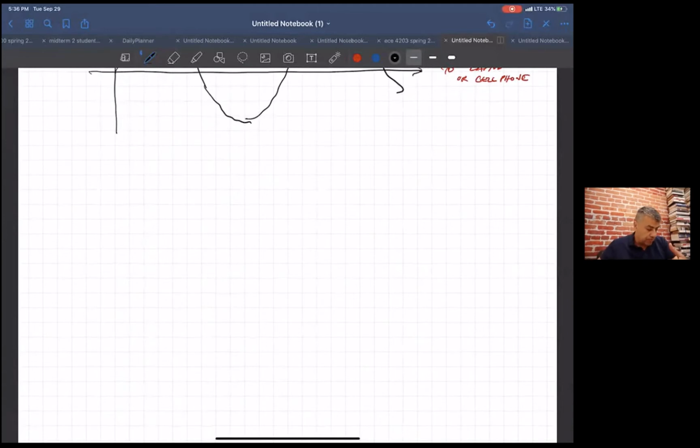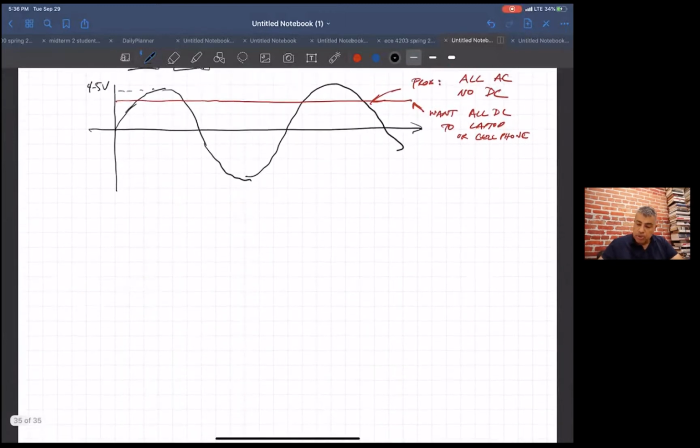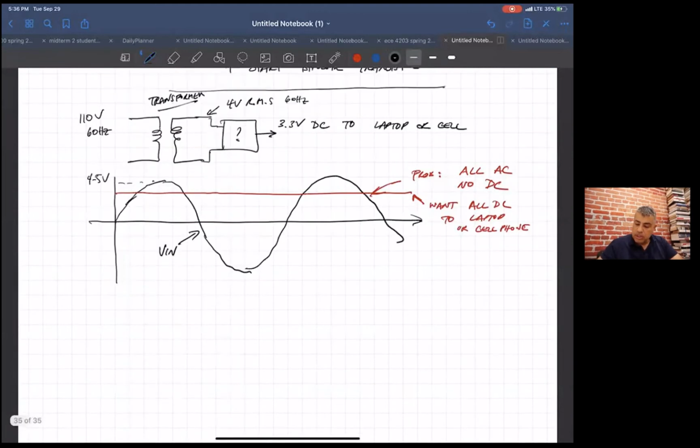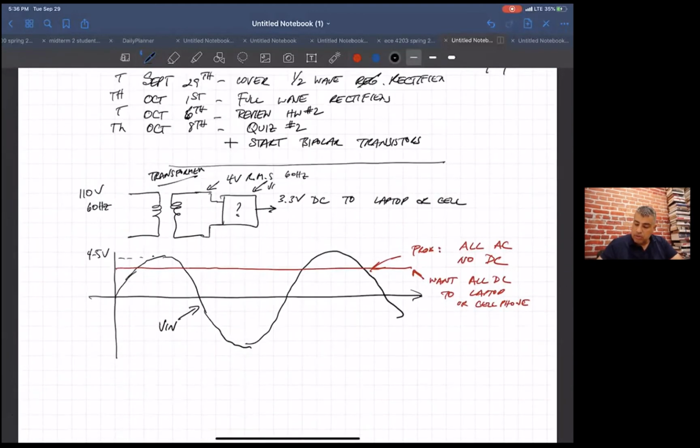So what we said last time was, this is our input. I'll call this V line. Let's call this V in.